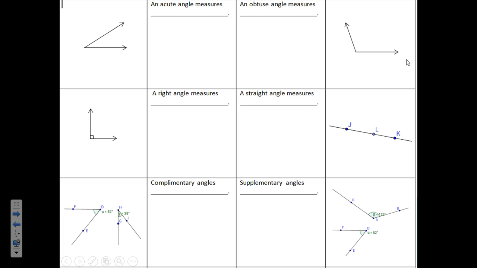And I'm a farm girl, so when we talked about meals, it wasn't breakfast, lunch, and dinner. It was breakfast, dinner, and supper. And supper to me, supplementary, was a big meal. Complimentary breakfast, little, supplementary, big. So tell me, what do complementary angles do? They add up to 90 degrees.